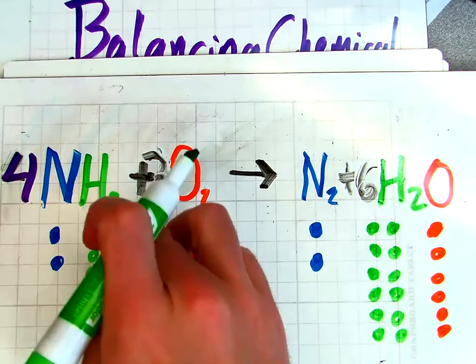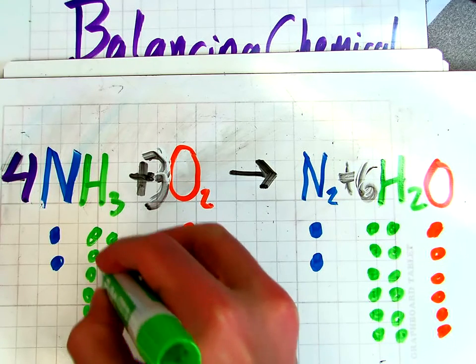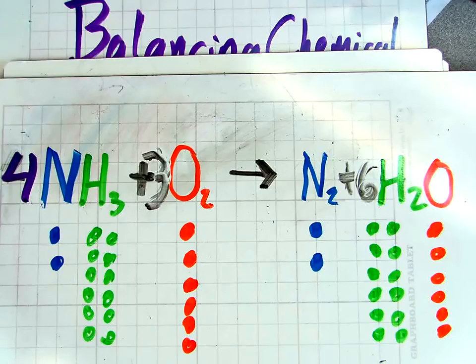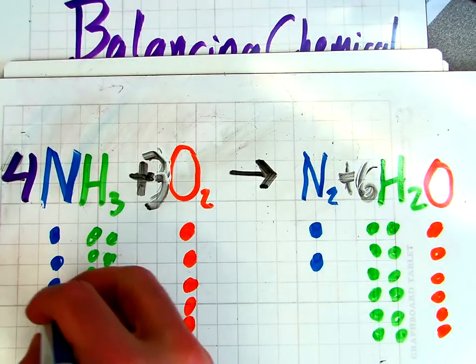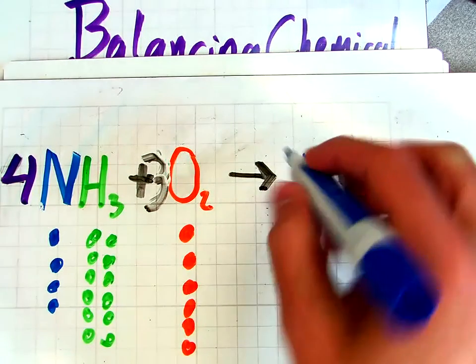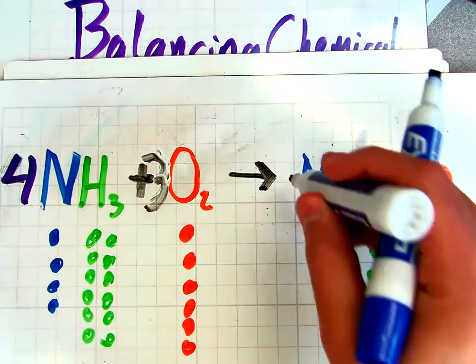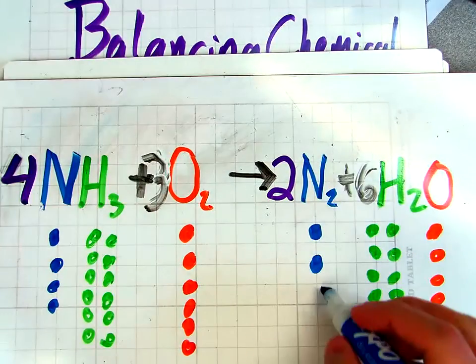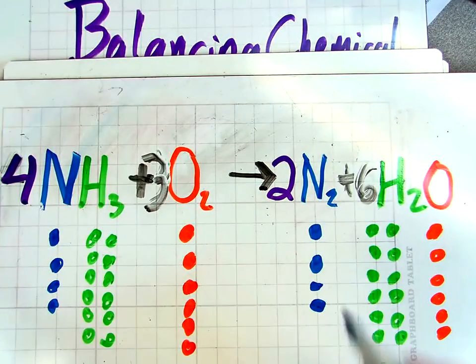So 4 times 3 gets me 12. And all's right in the world, except for the fact that now I have 4 nitrogen. So that means I need yet another coefficient, one last coefficient, right here, to get me 2N2, and there we go.